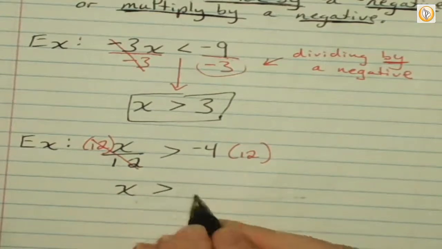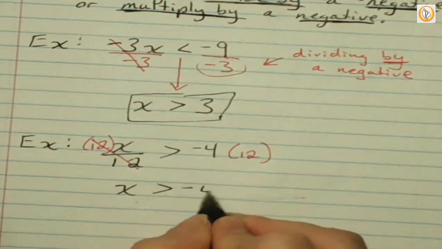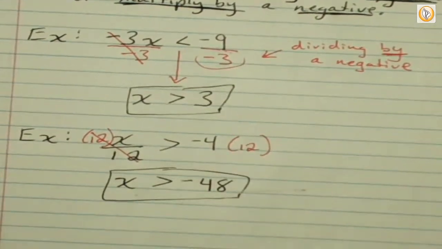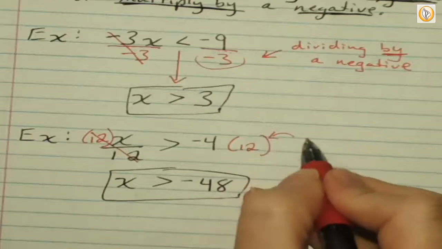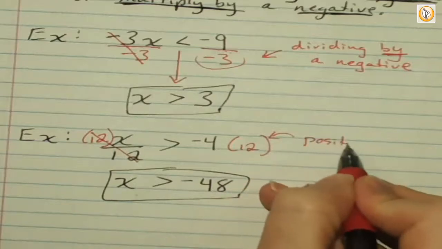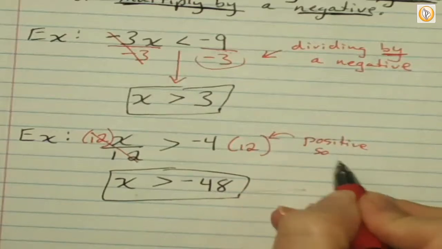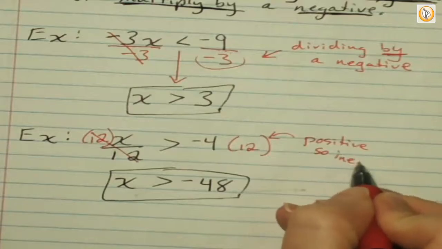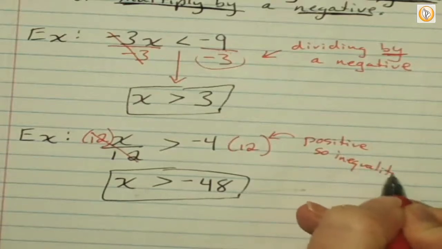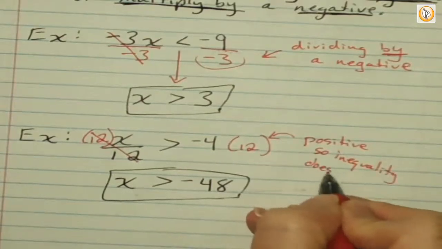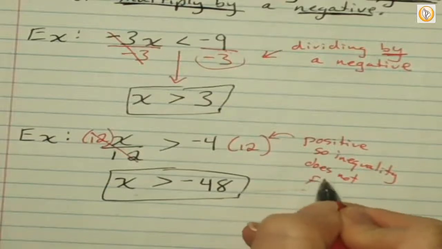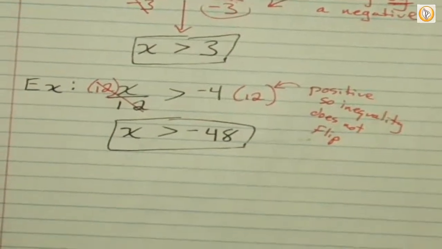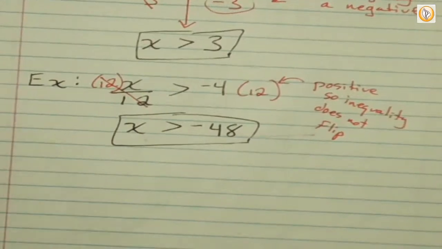It stays the same. I get negative 48. This is positive. So inequality does not flip or change. Let y'all write that down.